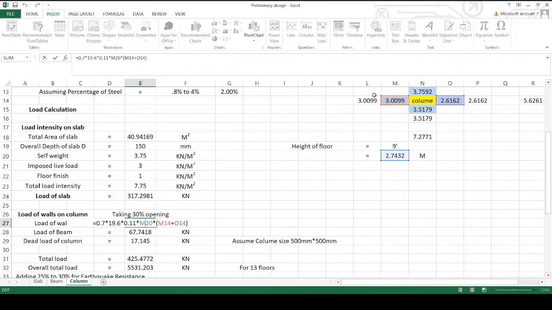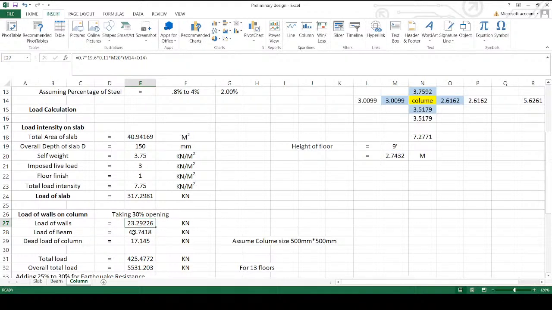In our case there are walls on only two sides and the other two sides are open, so I am adding this and this only. If the column is between four walls joining it, then you should add half of each of the four sides. Here I am adding only two, because in this case there are walls on only two sides.